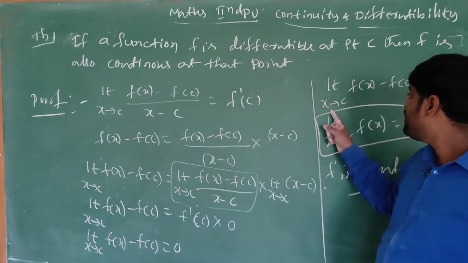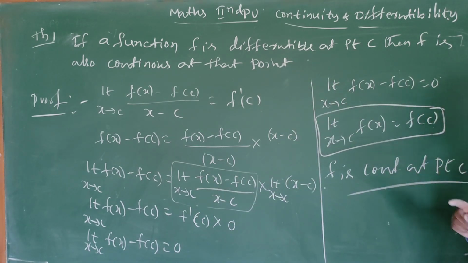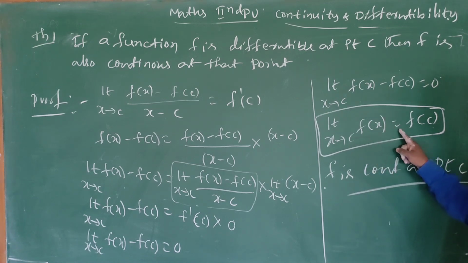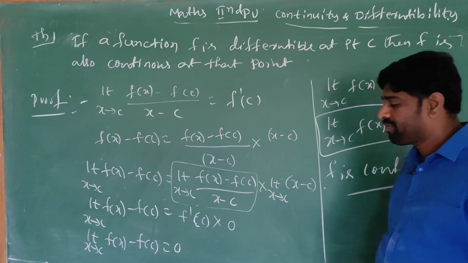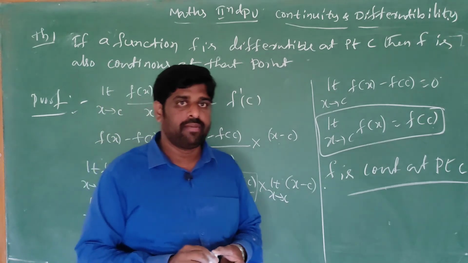You will get limit x tends to c, f of x minus f of c is equal to 0. Limit x tends to c, f of x is equal to f of c. Therefore, f is continuous at x is equal to c. Hence the theorem. This theorem is very important.